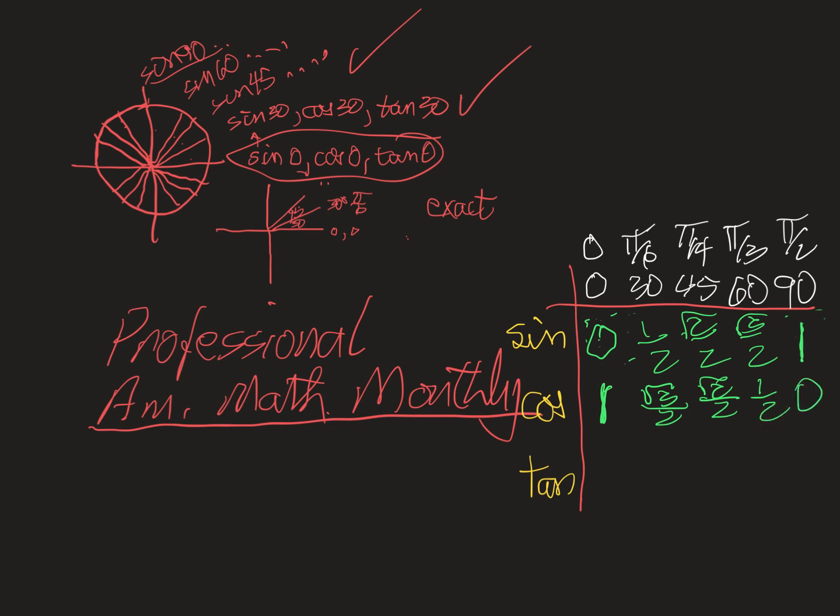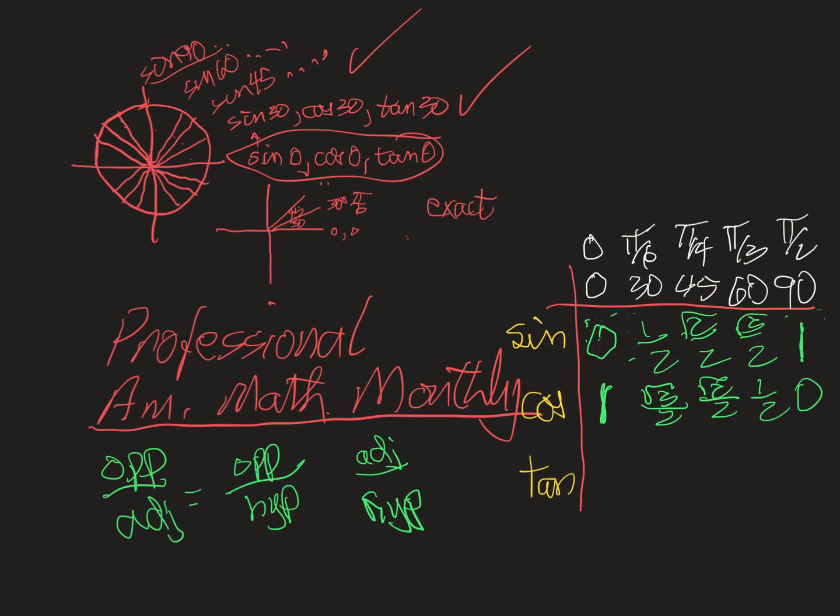Pretty cool. And the tangent, I don't know if you have noticed it, but if sine is opposite over hypotenuse and cosine is adjacent over hypotenuse, when you take the opposite over the adjacent, that is exactly the same thing as this one divided by that one.